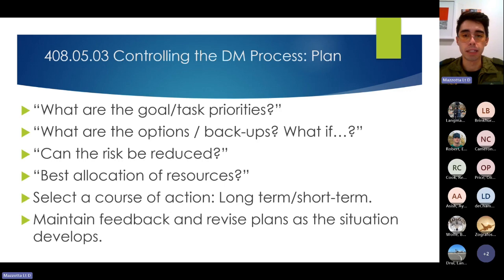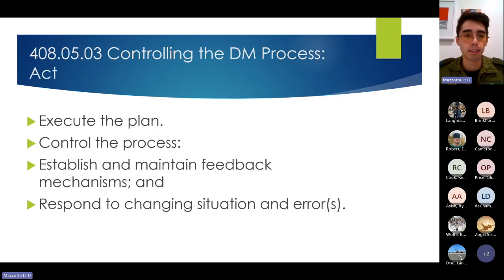Then once you have all of that additional information, you move into the act of the decision-making process, so you would execute the plan. How do we control this process? Well, we reinitiate the APA model process. You definitely want to be responding to changes and errors as they go. For example, if you're flying the glider in the circuit and you have a lot of lift, you want to open your spoilers to spoil the lift and increase your rate of descent.